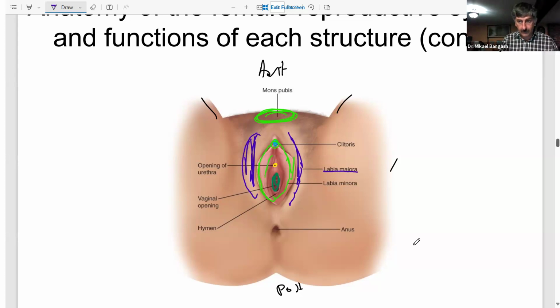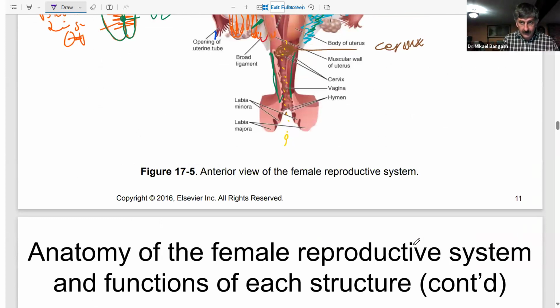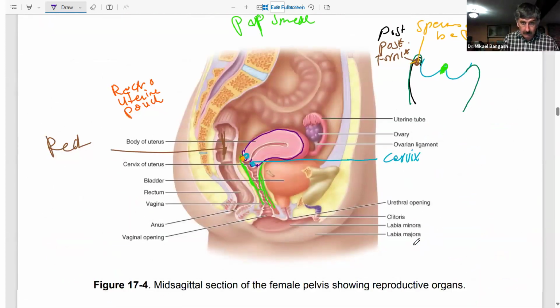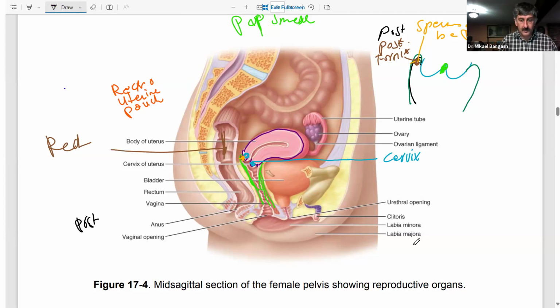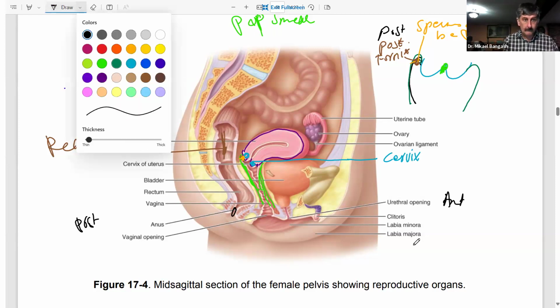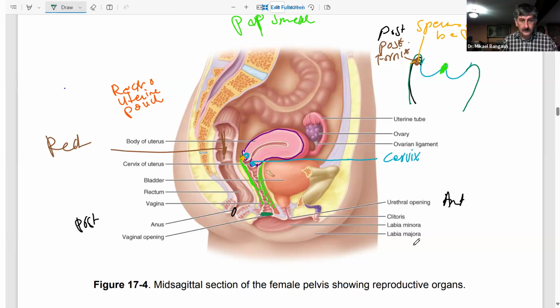So when we look at it in a sagittal view, this was posterior, this was anterior. So yes, the anus, we can mainly say this was the vaginal orifice or opening.